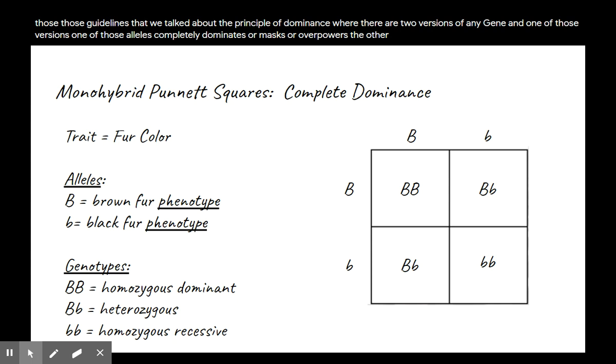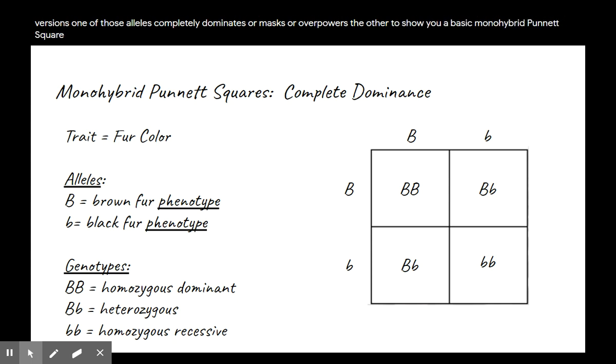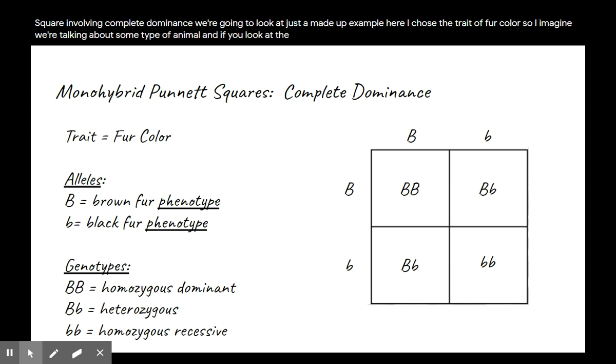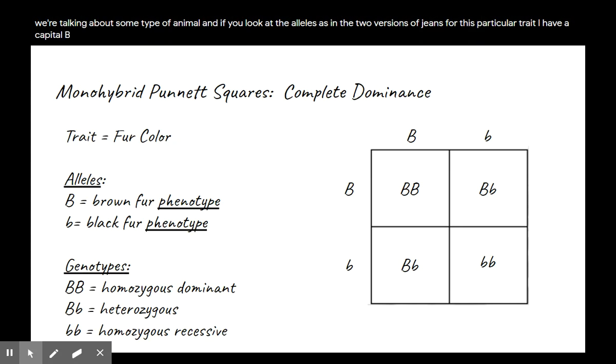To show you a basic monohybrid Punnett square involving complete dominance, we're going to look at just a made-up example here. I chose the trait of fur color, so I imagine we're talking about some type of animal. And if you look at the alleles, as in the 2 versions of genes for this particular trait, I have a capital B representing brown fur.